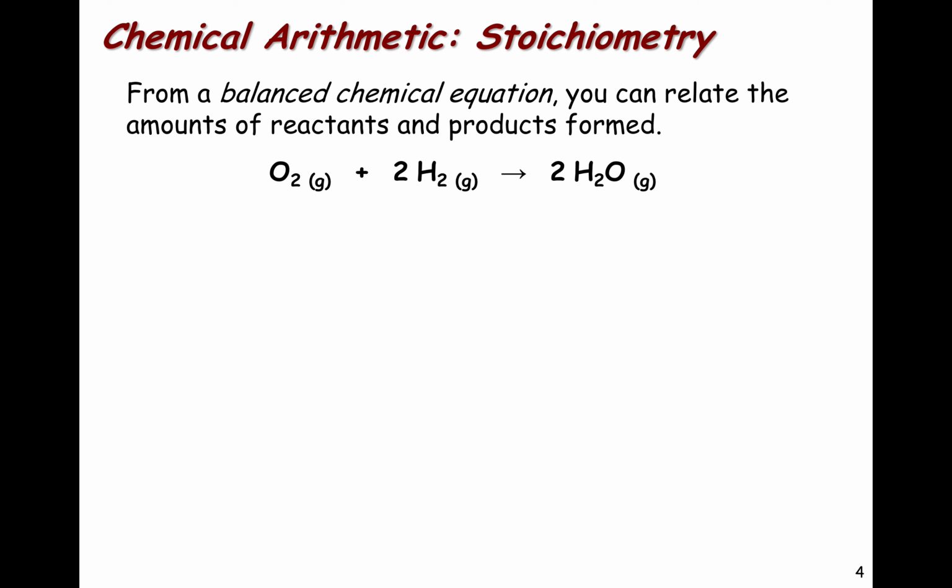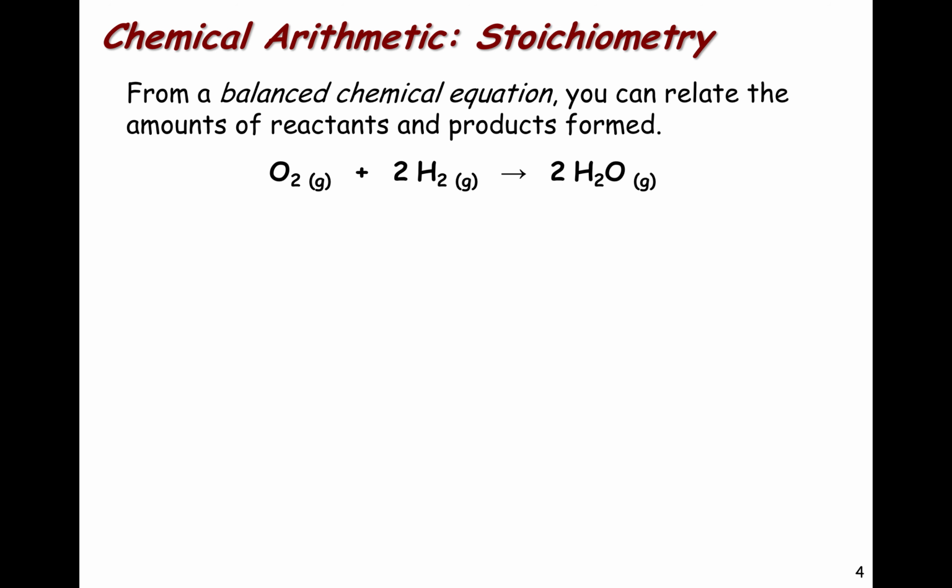So it turns out that a balanced chemical reaction will tell us mole ratios between the various species in the reaction. So for example, here we have the balanced reaction reacting elemental oxygen with elemental hydrogen to form water.